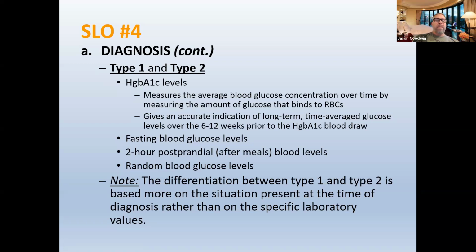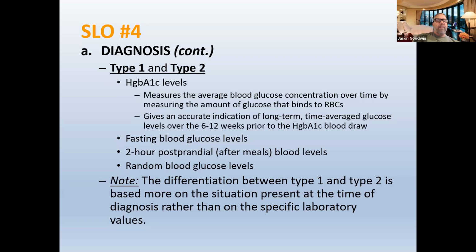Fasting blood glucose levels is another way we take it, which means you haven't eaten within 8 hours. We have a 2-hour postprandial blood level, which is carefully measured 2 hours after you have eaten to determine how your body is responding from an insulin perspective.